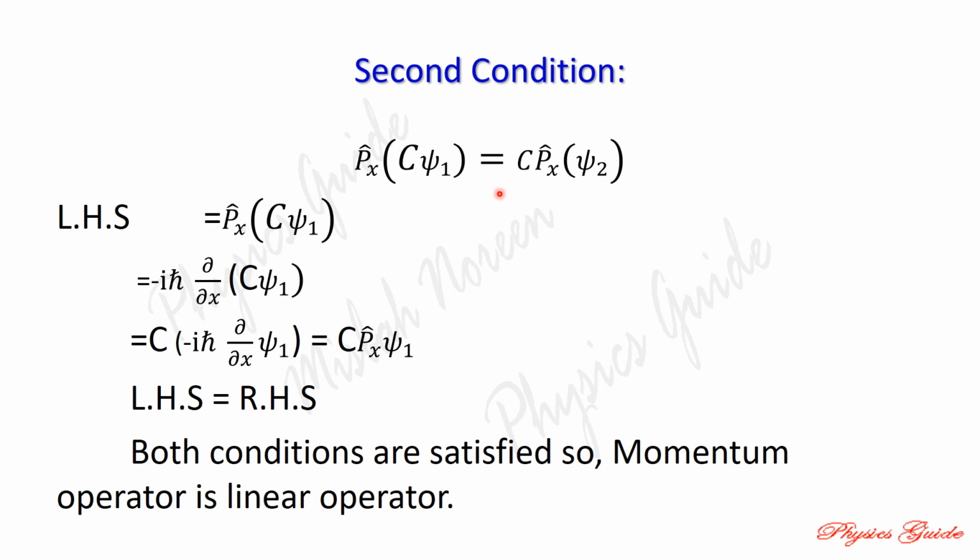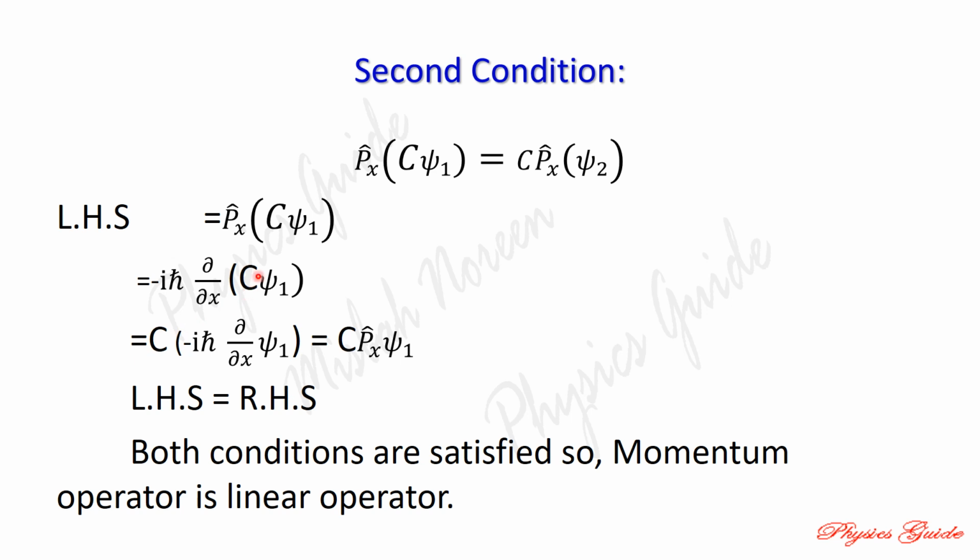So students, we take the left hand side, momentum operator p of x into c into psi of 1. Now we put the momentum operator value, minus iota h cut curly over curly x into c into psi of 1, which is equal to c.